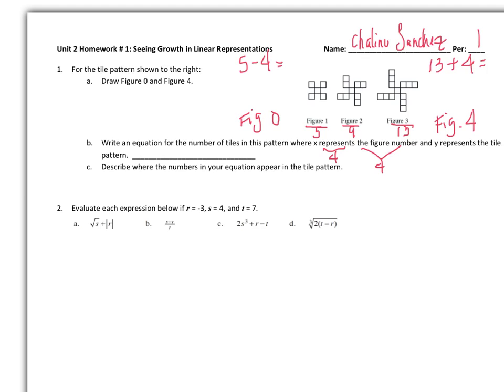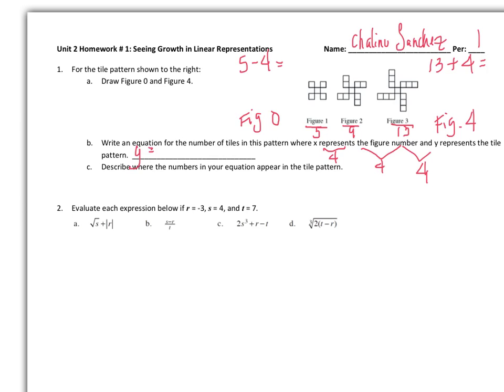B says, write an equation for the number of tiles in this pattern, where x represents the figure number and y represents the tile pattern. So, writing an equation in the y equals mx plus b form, we've already noted that we increase 4 each time.